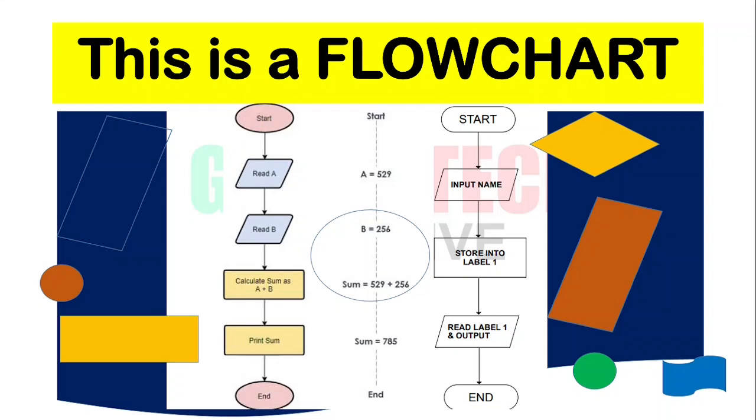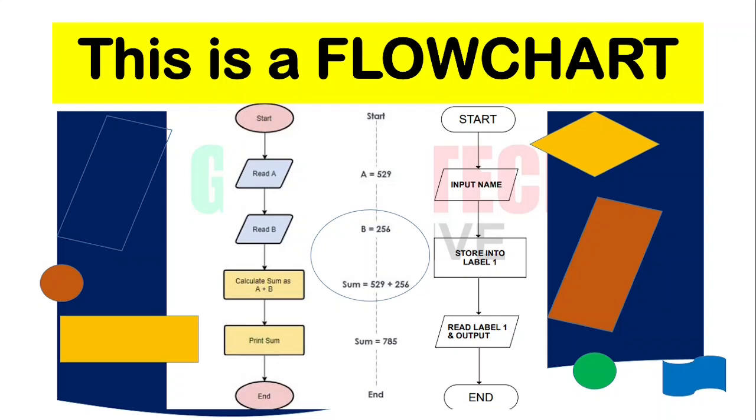Thank you. So here is an example from the video that you just watched. This is an example of a flowchart. We used different shapes to have a picture of a flowchart.